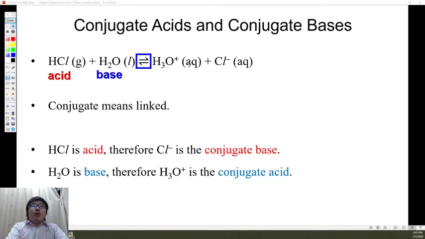If it can go forward, it can go backward. So now let's focus on the backward part.